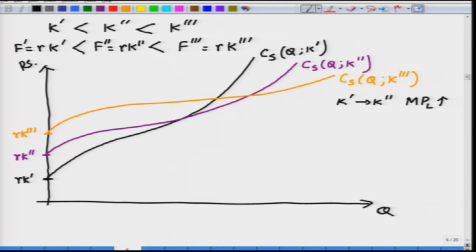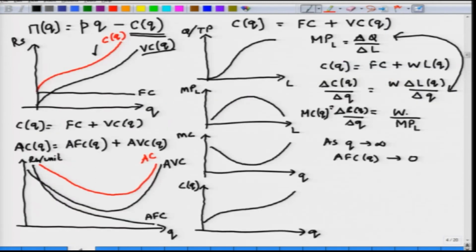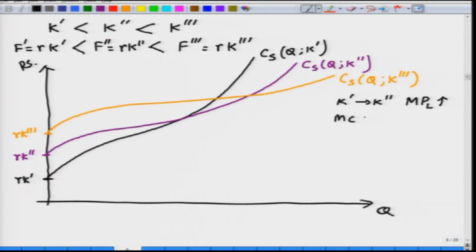And recall that marginal cost is inversely related to the marginal product of labor. So, the marginal cost is W divided by MPL. As I moved from k prime to k double prime, my marginal product of labor increased, so my marginal cost is actually going to fall.